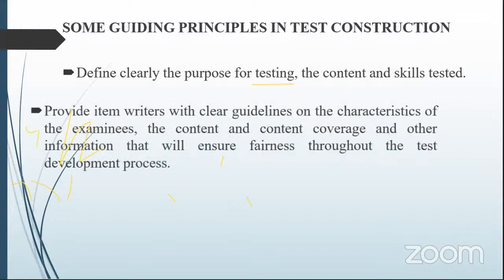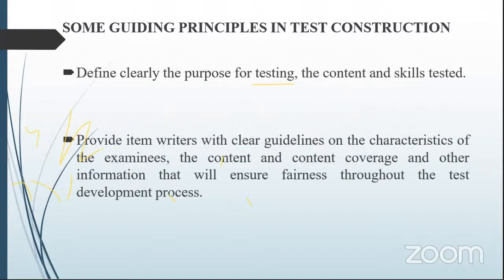Also, providing item writers with clear guidelines on the characteristics of the examinees, the content, and the content coverage, and other information that will ensure fairness throughout the test development.